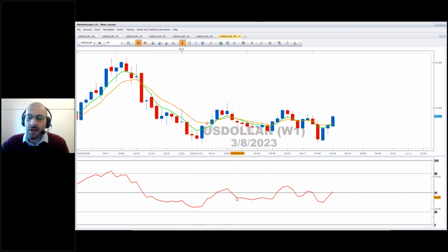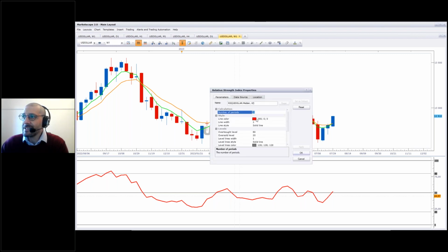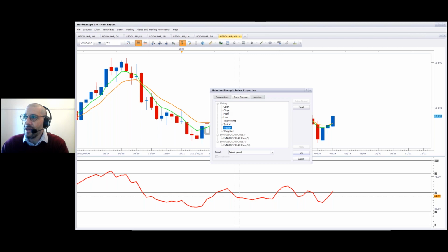I just want to show you the settings for the RSI because they're slightly different to your standard defaults. And you can see I'm using a 10 period. And if you go through to the data source, I'm using the median. So how's that different from the default?